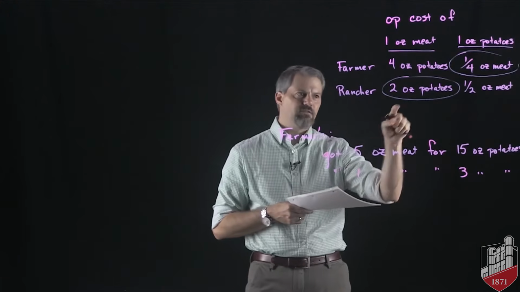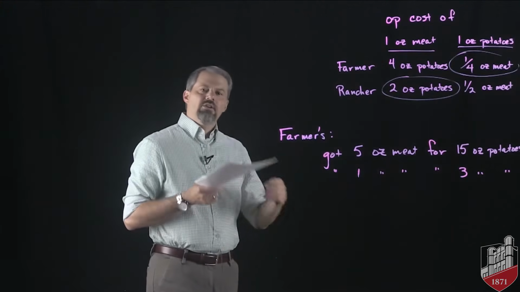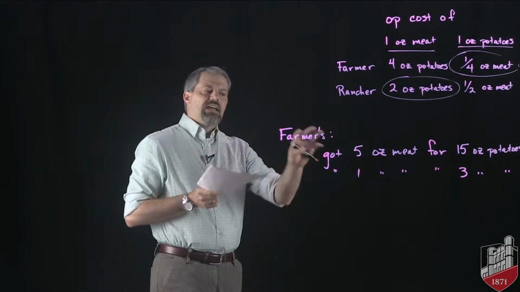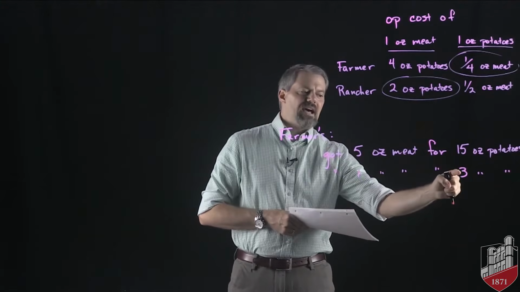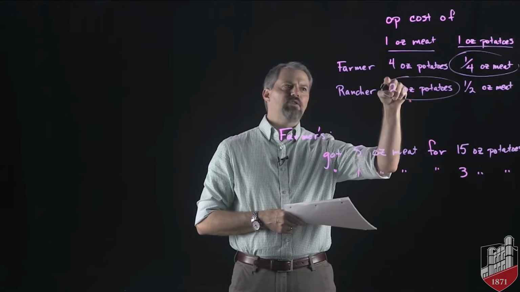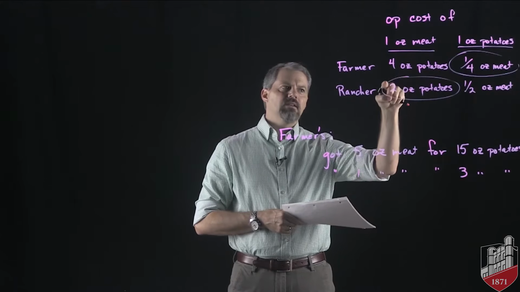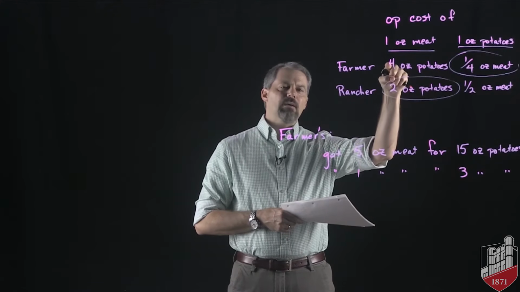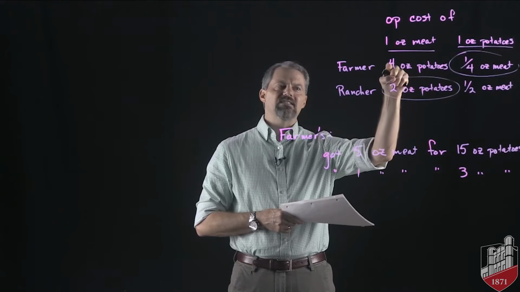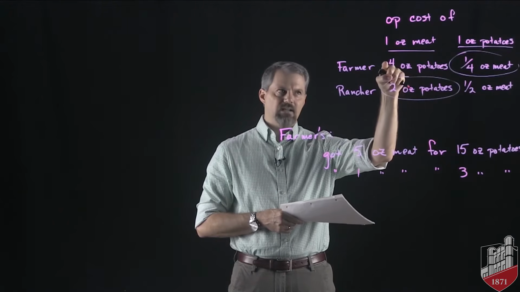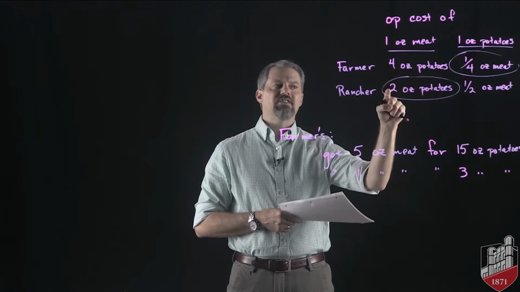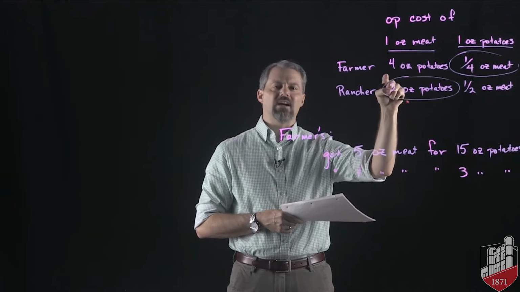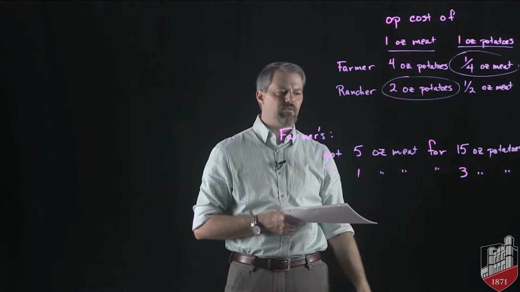They gain from that transaction. So both of them like this trade because it implies a price that falls right in between their opportunity costs. The buyer is able to buy it for a price that's less than what they would have had to pay if they produced it themselves, and the seller is able to sell it for a price that's higher than what it costs them to produce.